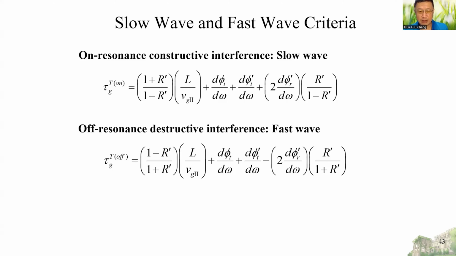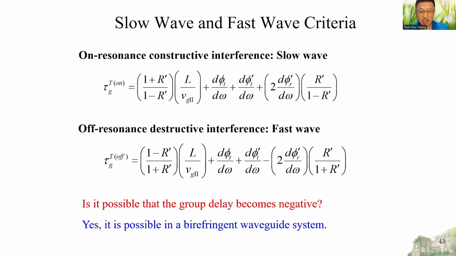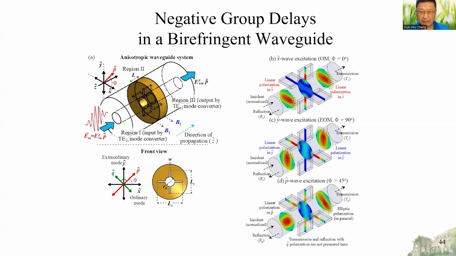Okay, the next question: is it possible that group delay becomes negative? My answer is yes, it's possible. In a birefringent waveguide system, we change the polarization. Negative group delay in a birefringent waveguide system. This time, the waveguide is also divided into three regions: region 1, region 2, region 3.